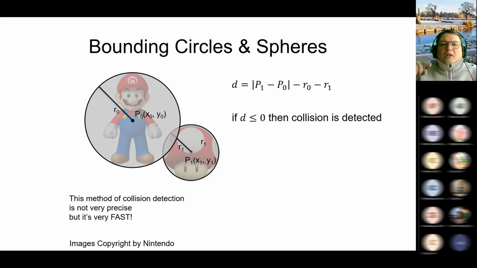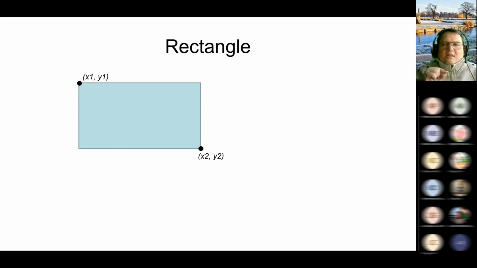So what we would normally do, the first test could be bounding circle. If it is failed, okay, if it is false, okay, negative test, this means no collision. End of the story, no collision. If the test is positive, you can go ahead and do more precise test, which may be, for example, based on rectangles, so-called bounding boxes.